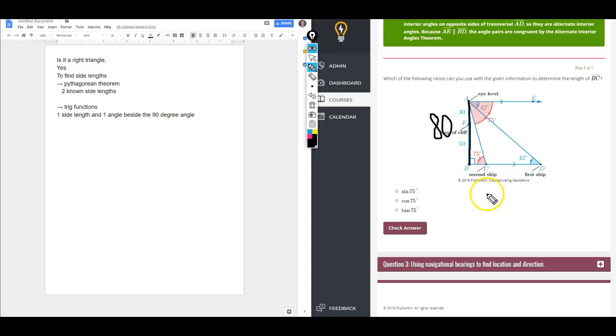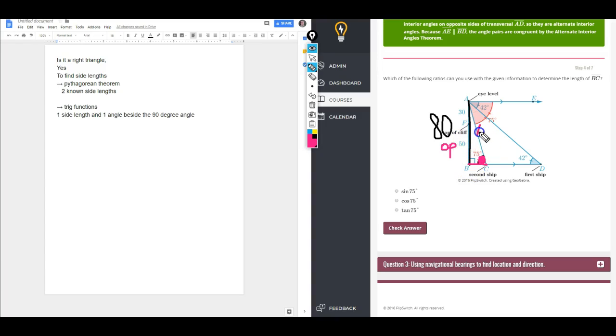Now the other angle that we have besides the 90-degree angle is this 75-degree angle. So when I am asking myself, okay, I want to find side length BC, my perspective is from the angle of 75 degrees. When I look at this, the 80 is the opposite side length because it's directly across from the 75 degrees.